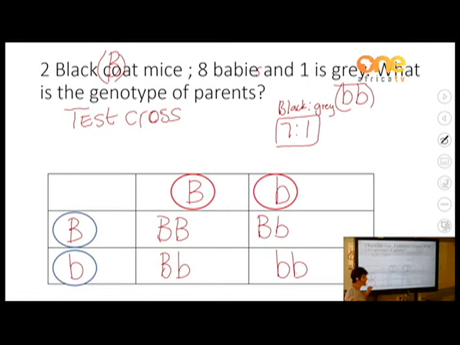Therefore, the parents were heterozygous black phenotypically. Their genotypes were capital B, small b, both. That is the only way the offspring can turn out like that.